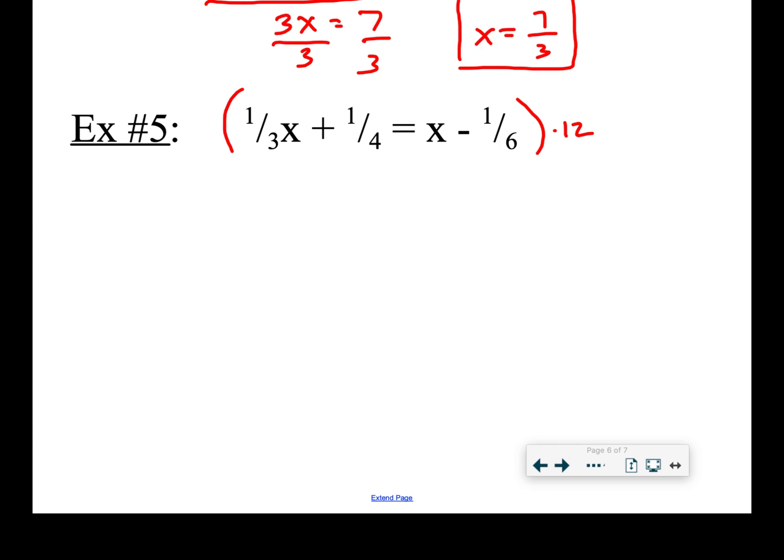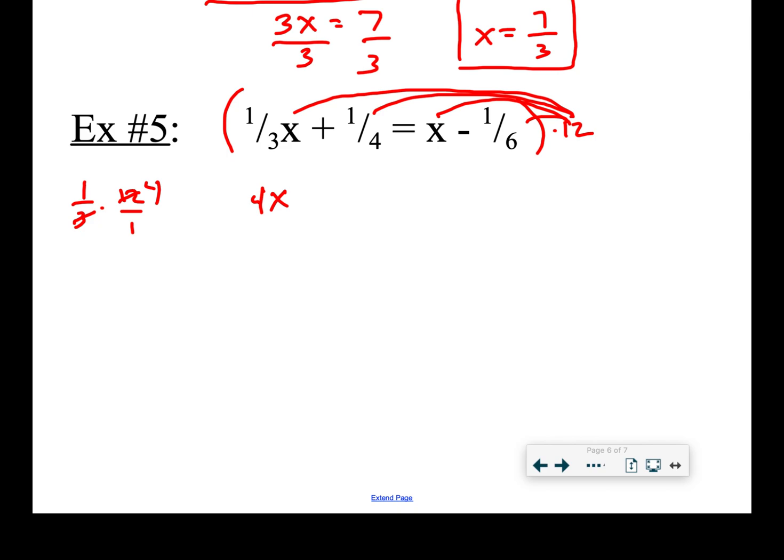So when I multiply the 1/3 by 12, again, remember, just like in the last problem, we're now going to distribute this to each one of these parts. Everything in here is going to get distributed. So when I multiply the 1/3, again, I'm going to do this off to the side, the 1/3 times 12, 3 goes into 12 4 times, and what you're left with then is 4x.